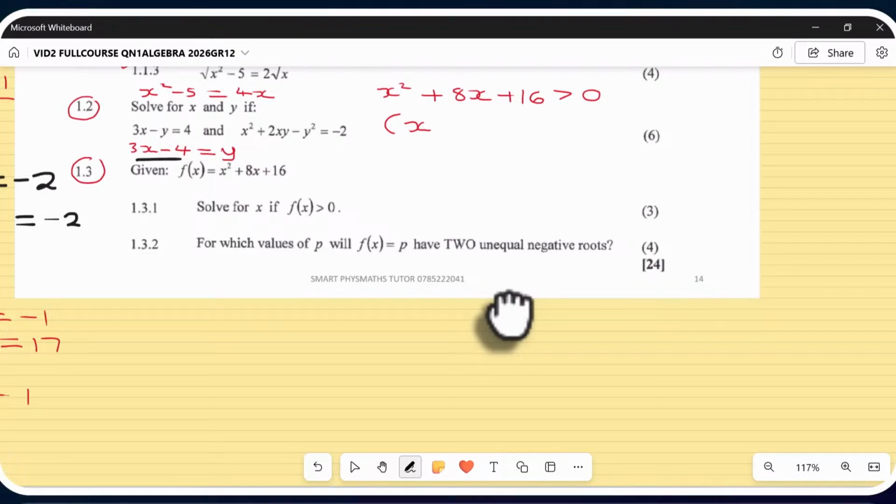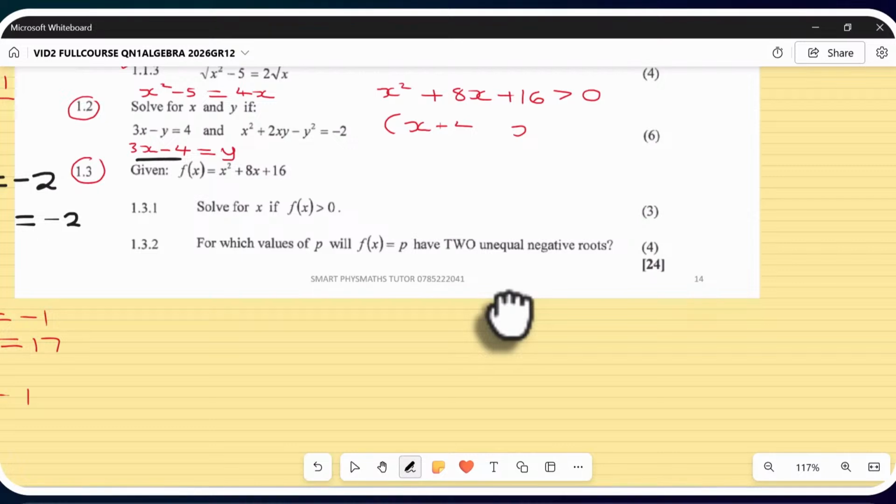Okay. So for this matter, what does the question say? We say greater than 0. So meaning that except here at -4, you can see that this one is y equals to 0. It means that all the other values, you see the parabola is above.